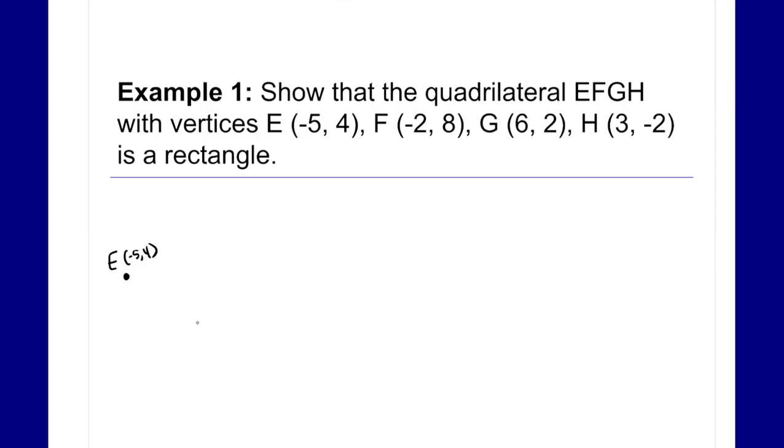F, which is -2, 8, up here. G, which is 6 and 2. And H, which is 3 and -2.